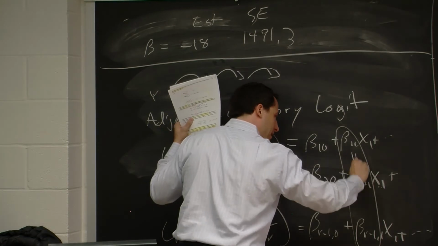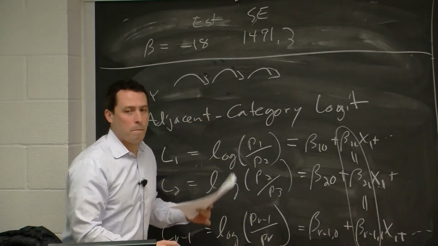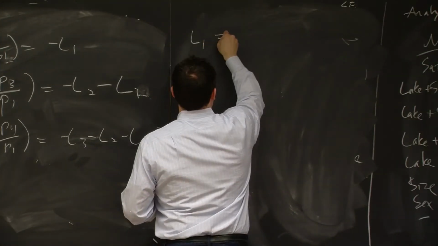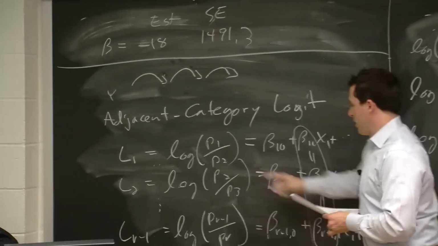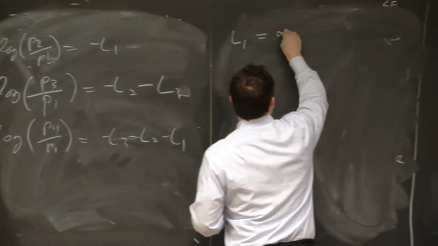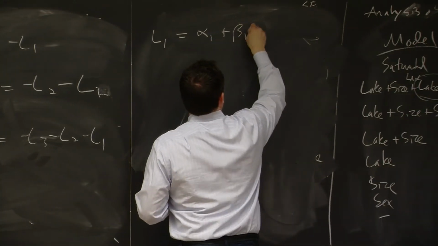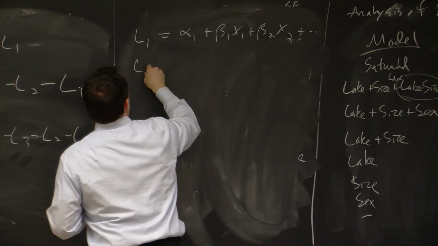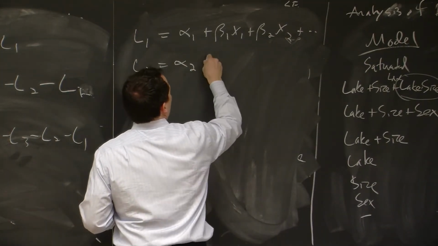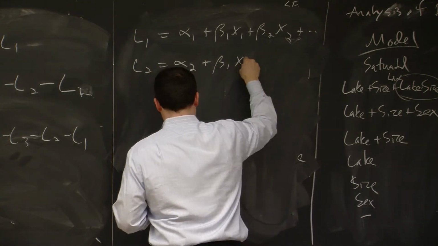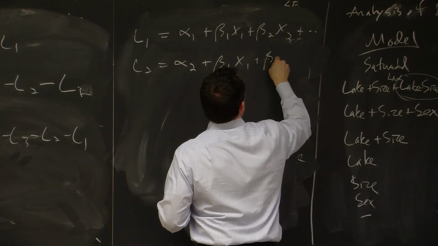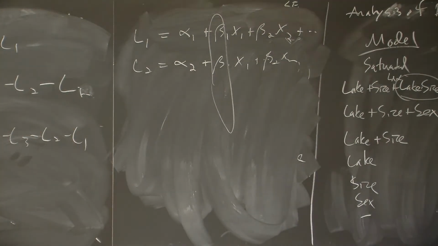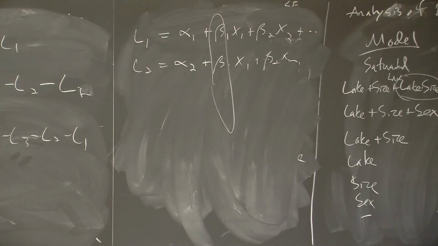So I'm going to set all of these equal. That leads to a simplified model: the first logit is equal to some intercept plus beta 1 x1 plus beta 2 x2, and so on. L2 has a new intercept, but then it's still beta 1 x1 plus beta 2 x2, and so on. So we've let these coefficients be equal and vastly reduced the number of parameters.